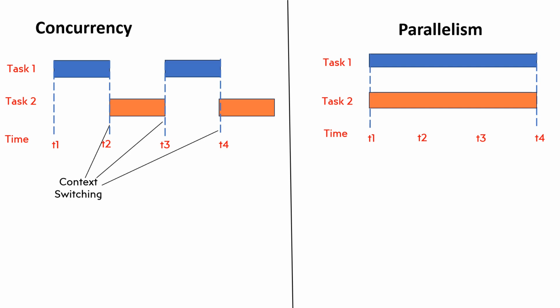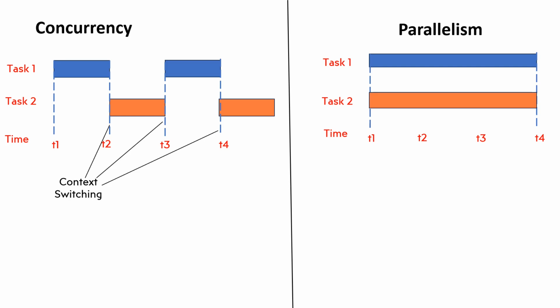Now, in concurrency, the processor will not run these in parallel, but it will run task one for some time till T2, then it will stop that task for some time and pick up task two, till T3. So this is how the processor will switch the context between these two tasks.